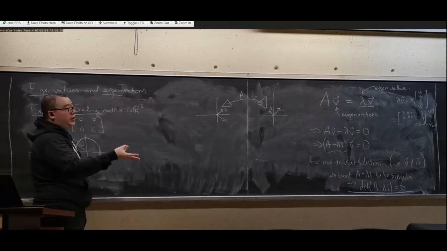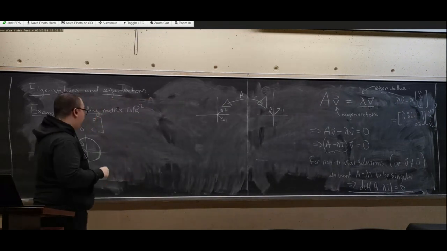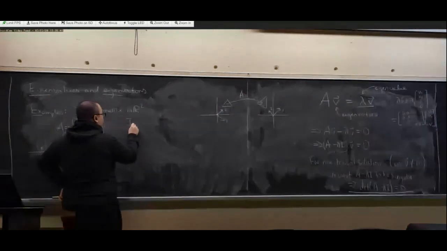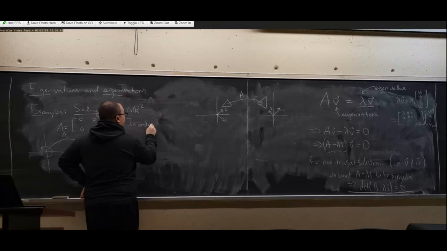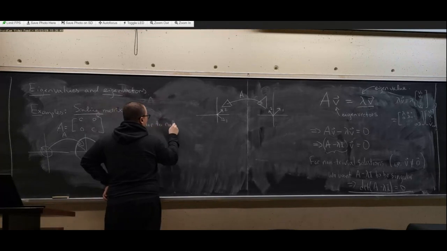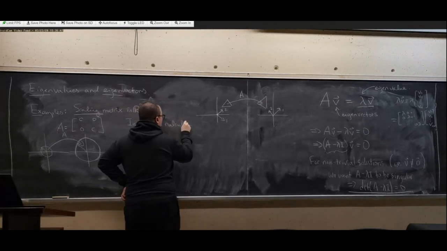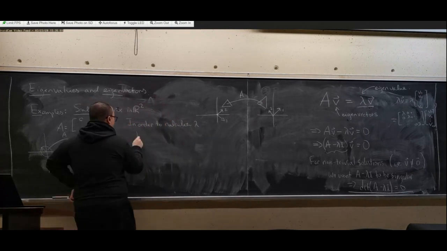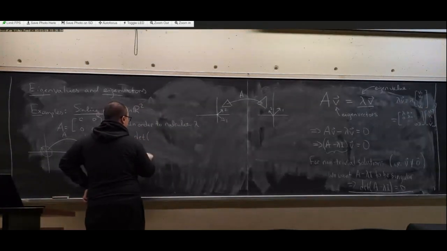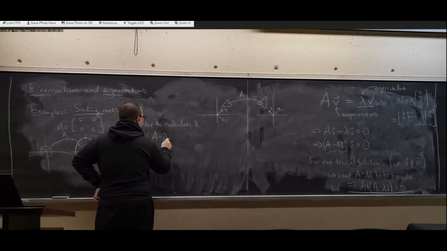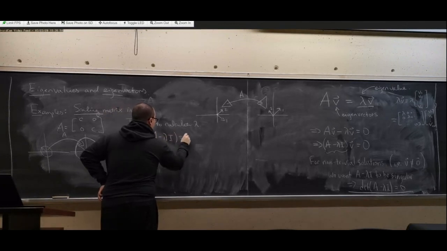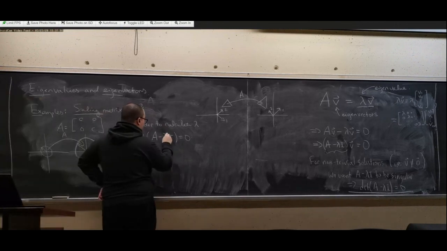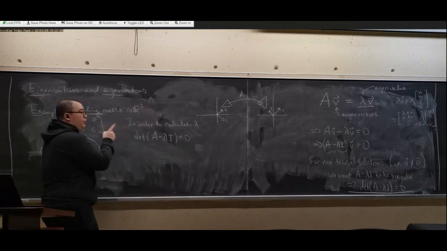So let's confirm our hypothesis. Is that true? Well, first, in order to calculate lambda, we need to compute the determinant of A minus lambda I equals 0. We need to compute all the solutions for lambda for which this is true.